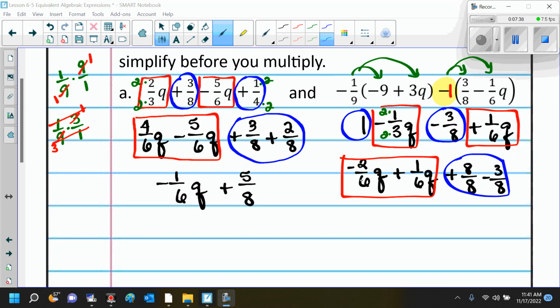So we've got negative 2/6q plus 1/6q is equal to negative 1/6q. And then over here we have a positive 8/8 minus a 3/8. That's going to be a positive 5/8. So now we can compare, right? Equivalent or not? Yes, these are equivalent.